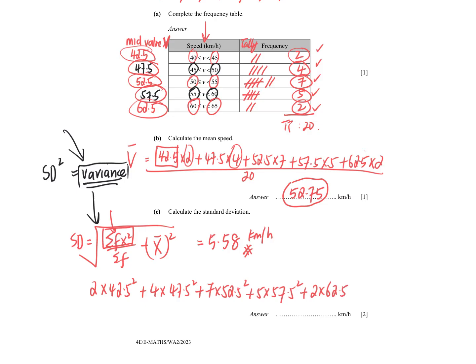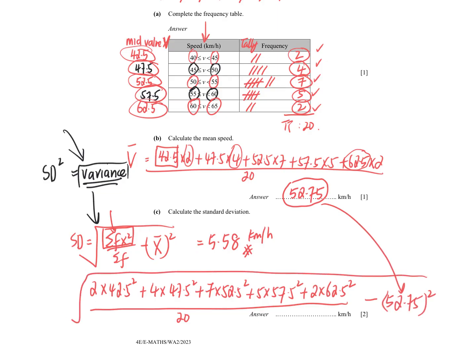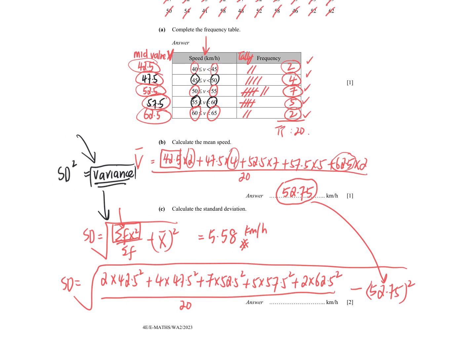It's only this value that you square. Then the whole thing divide by 20 and you minus your mean squared. So the whole thing take a square root. So the formula tells you that this is how you calculate your standard deviation. Okay, but do you remember how to key into your calculator?